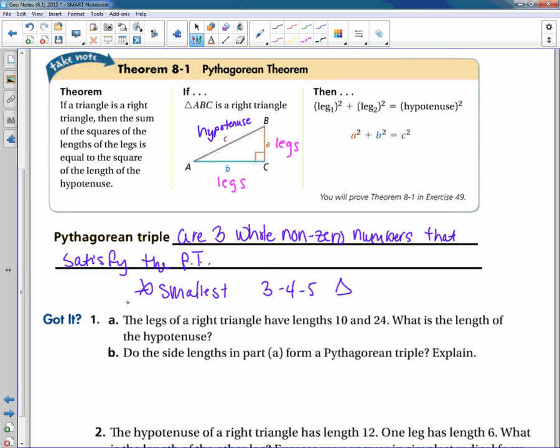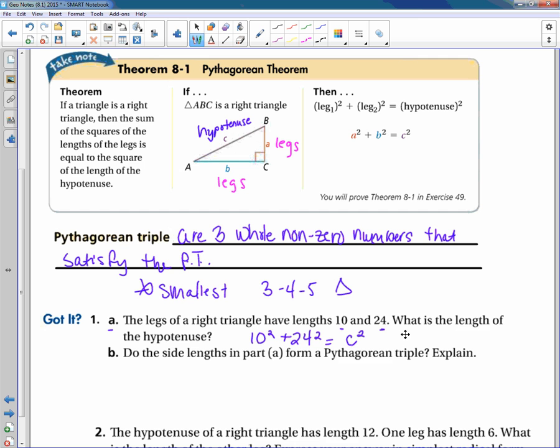Okay. For our first example, it says the legs of a right triangle have lengths of 10 and 24. What is the length of the hypotenuse? We'll plug in 10 and 24 as sides A and B, and we'll say 10 squared plus 24 squared will equal the hypotenuse, or the unknown side, which is c squared.